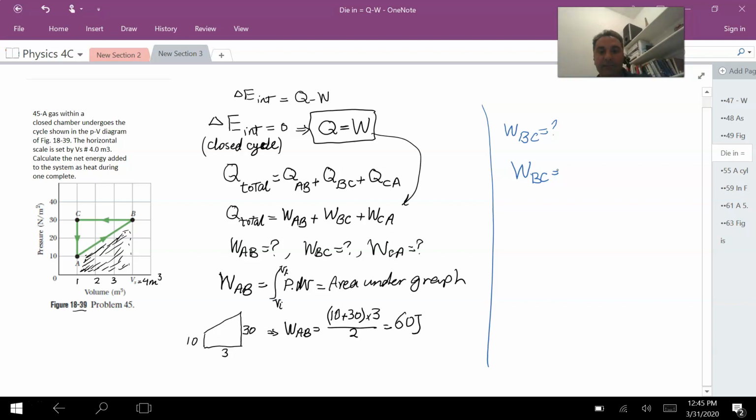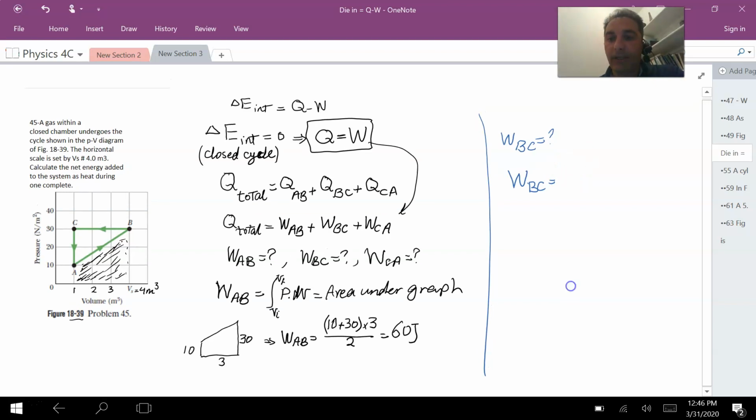In the path of BC, okay. In the path of BC, what do I see? I see volume decreases, but pressure is constant. So I'm going to use this equation actually, P delta V, correct?